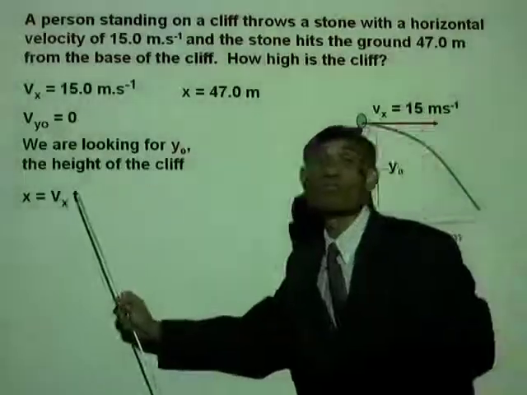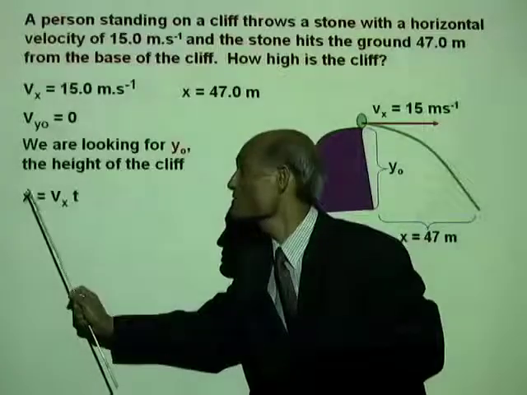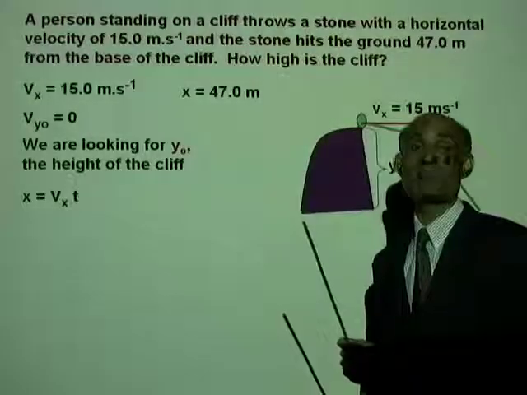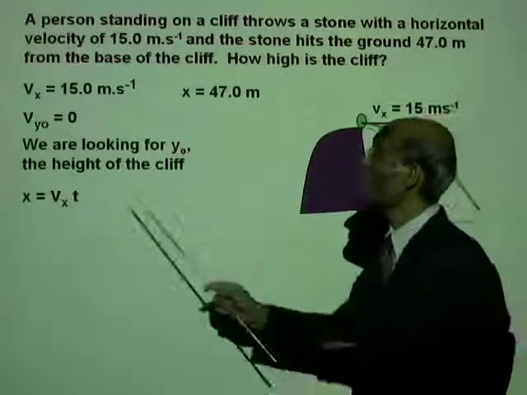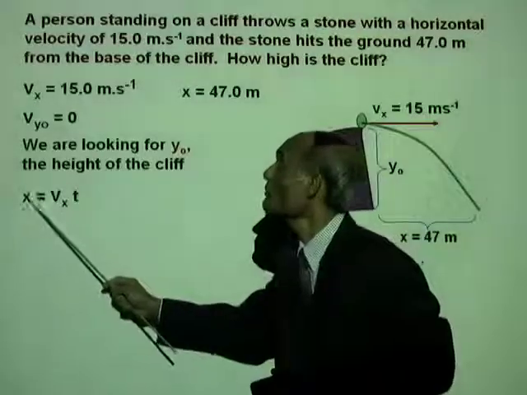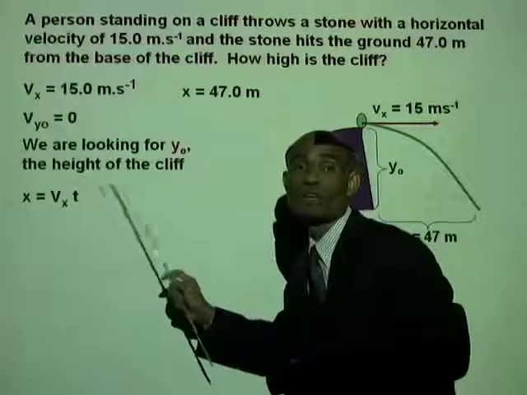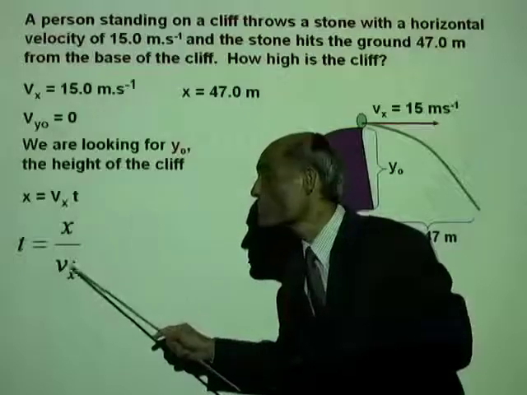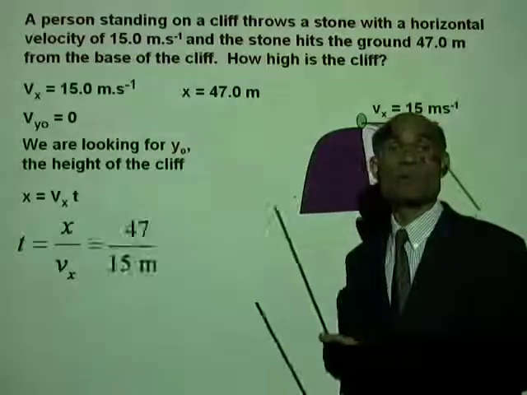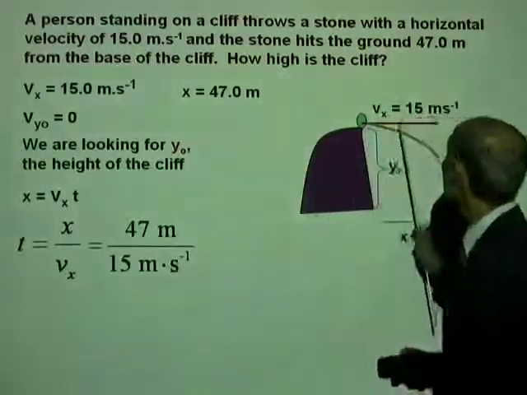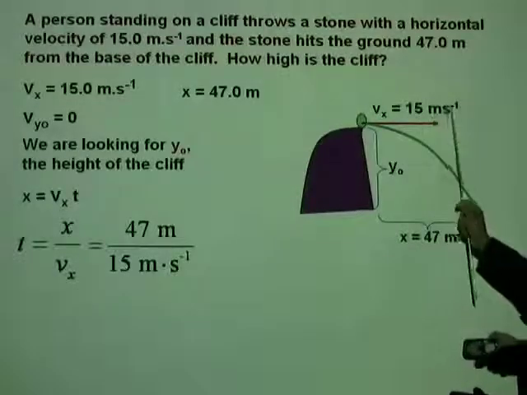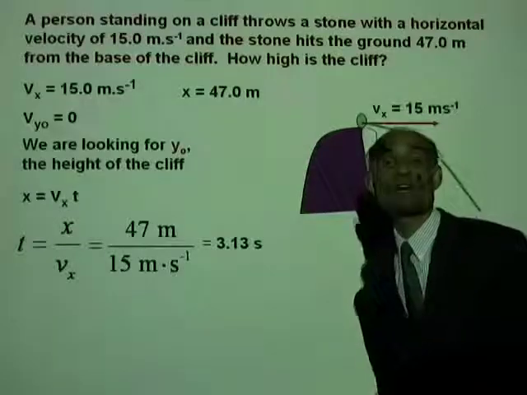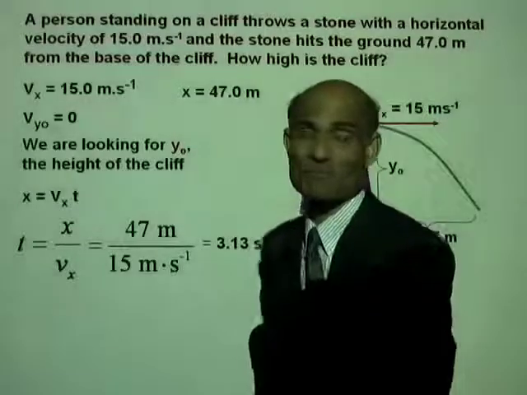Well, we first use the horizontal displacement, x equal to Vx multiplied by time. X equal to Vx times t. We know x, we know Vx, we can find t. So t equal to x divided by Vx. That will be 47 meters divided by 15 meters per second. And that will be 3.13 seconds.